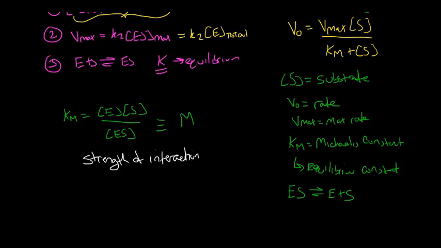Since this is a dissociation constant, we're looking at the dissociation of the complex. Large Km's mean low affinity, so there's a weak interaction between the enzyme and the substrate. The larger the Michaelis constant, the weaker the interaction.